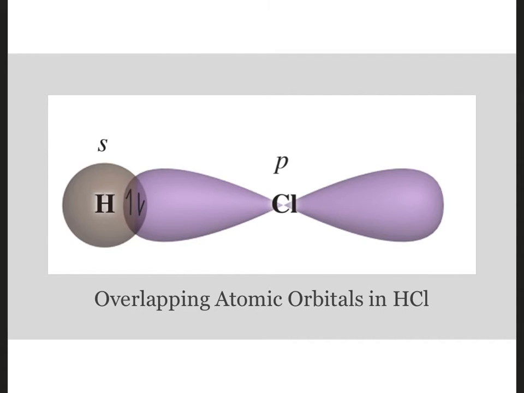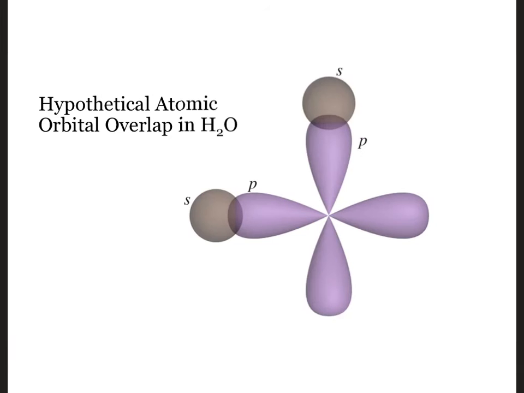For example, a hydrogen atom with a half-filled 1s orbital overlaps with a half-filled 3p orbital on the chlorine atom. The predicted result is a linear molecule with increased electron density along the internuclear axis, x, which I can draw in here as a straight line. Valence bond theory doesn't work as well once you increase the complexity of the molecule.